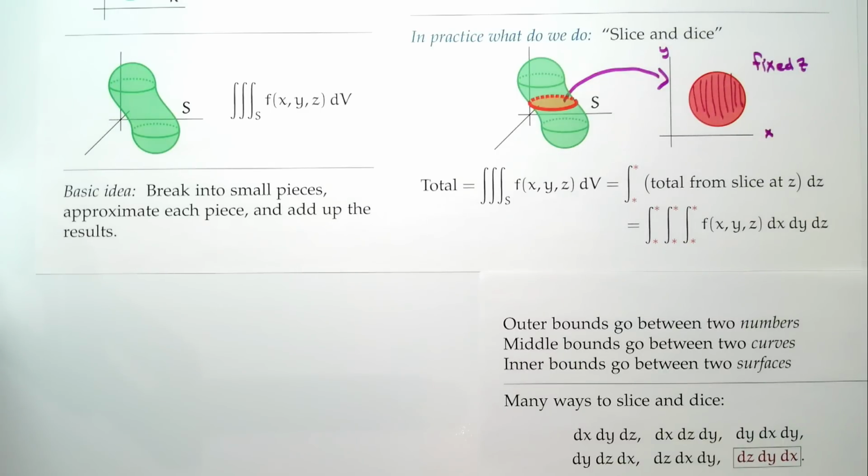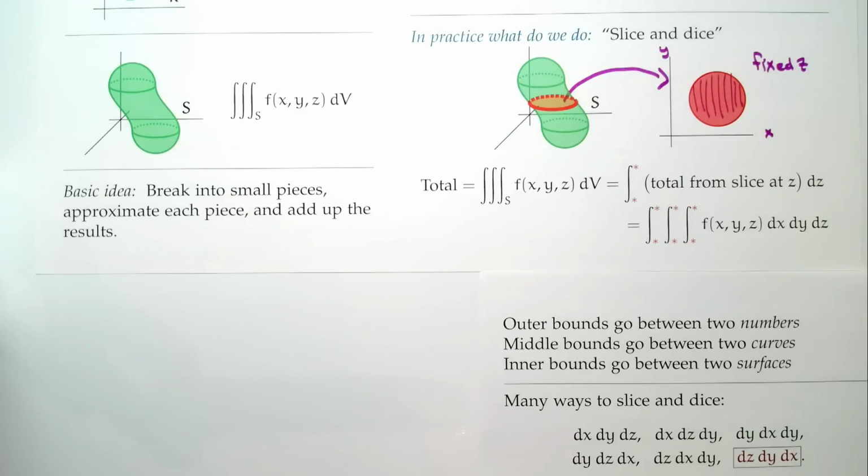I mean, you have been trained to think of x as numbers, y as a function of x being curves, and z as a function of x and y being surfaces. So this is the one that's going to be the easiest for you in terms of how you've learned to think of things. Now, it may or may not be the right thing to do.